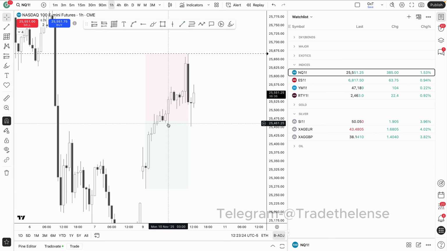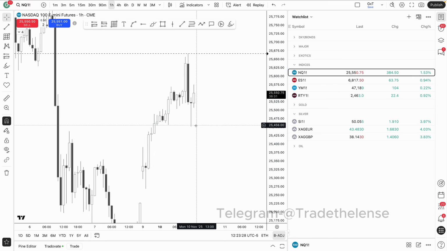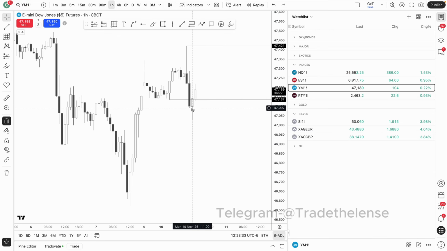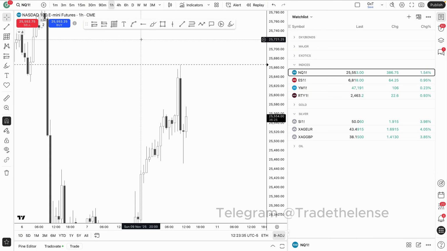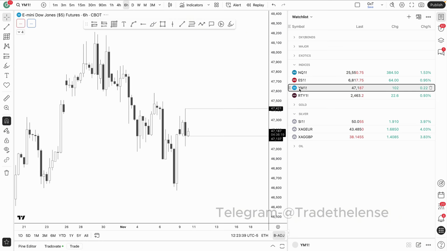Divergence here, and then we broke the SMT at this low. So price reverses from these lows. Now, you also have a PSP here, right? And a new 6-hour open, right?